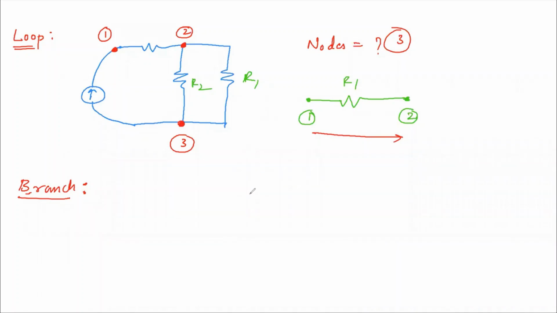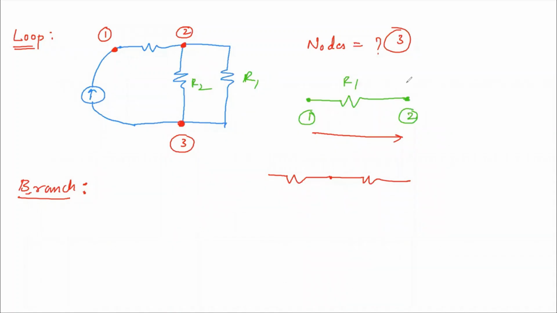If you have, let us say, 2 elements, then this is not called a branch. There must be only one element. Branch means there must be only one element.